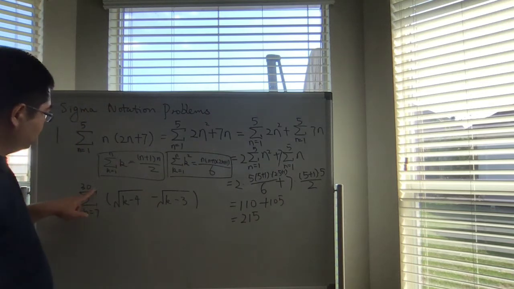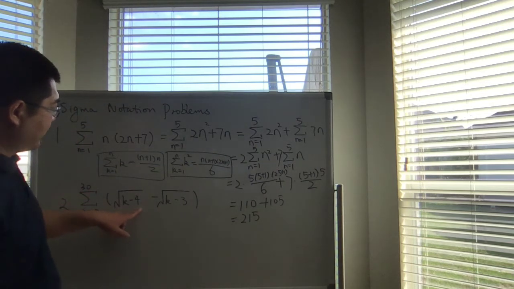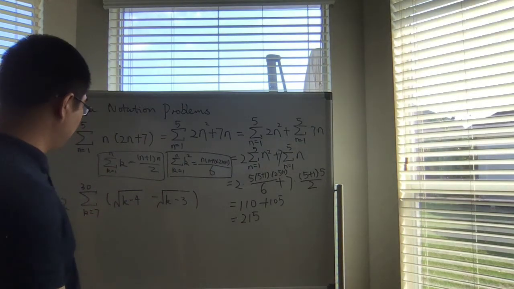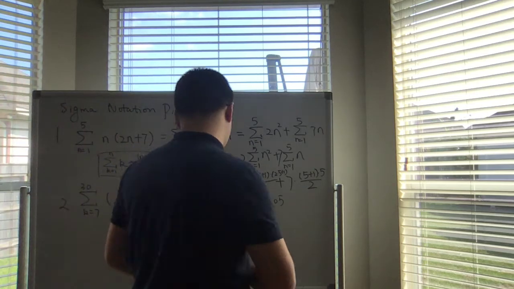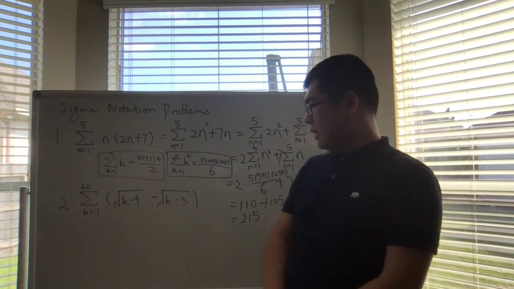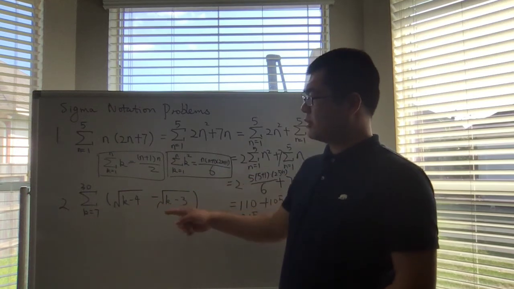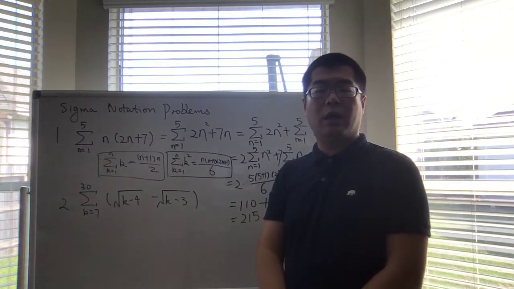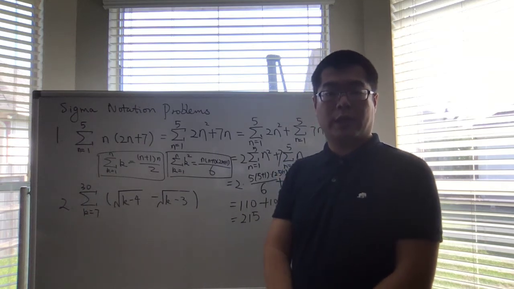Now let's look at the second one. k from 7 to 30 of square root of k minus 4 minus square root of k minus 3. Okay, so this kind of problem, guys, if you look at the structure, first of all, it's the difference of two terms, okay?